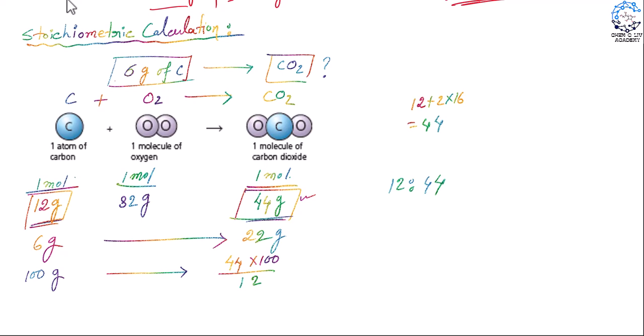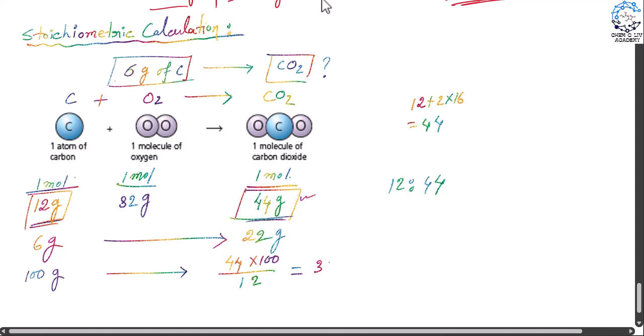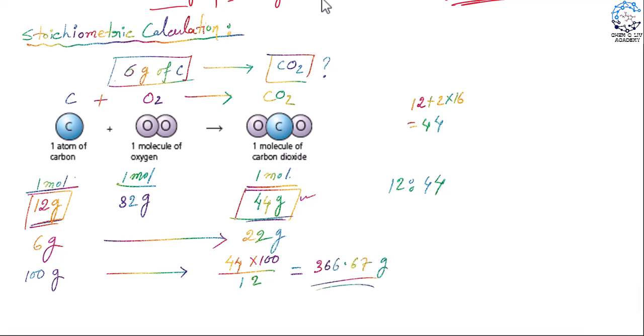Then only I'm going to get the amount of carbon dioxide. If you do it in the calculator, you're going to get the answer. So I'm getting 366.67 gram. Okay, so this is how I'll be able to calculate any stoichiometric calculations.